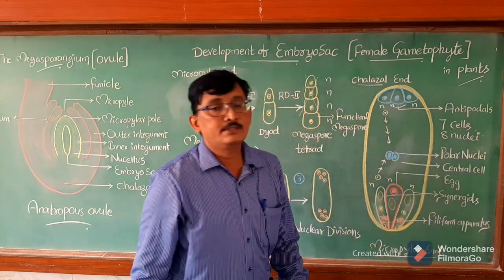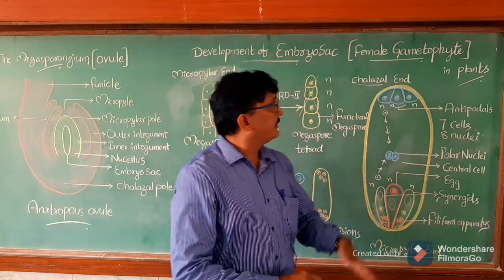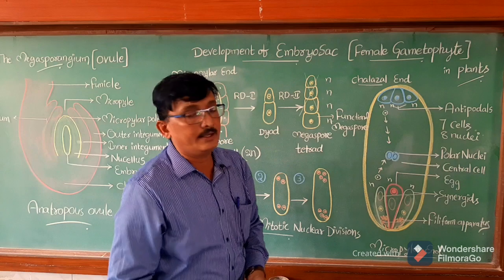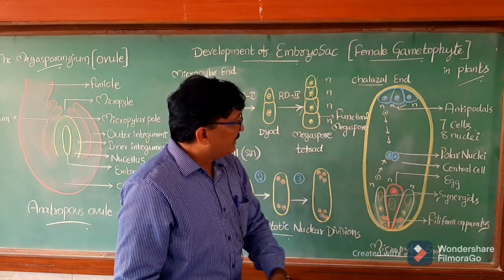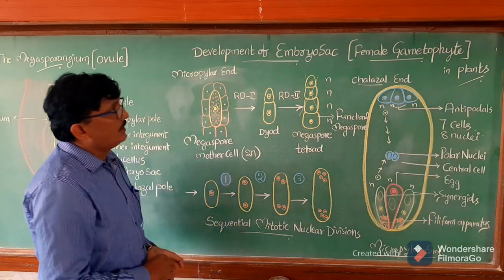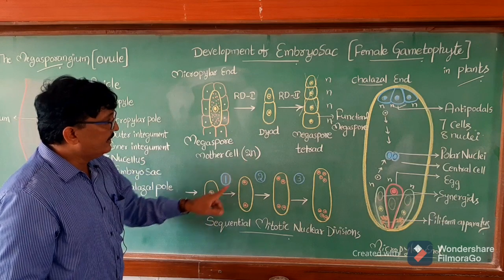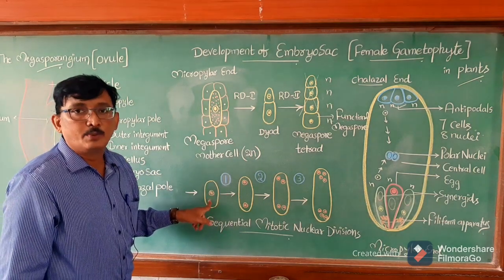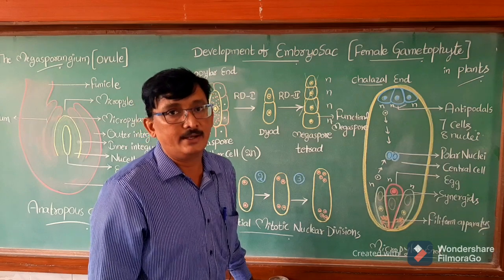A 7-celled, 8-nucleated structure is nothing but the female gametophyte or embryo sac. This is the total development of the embryo sac or female gametophyte in plants from a single functional megaspore. This type of development is also called monosporic development.